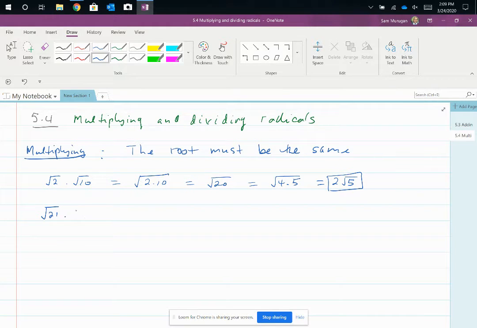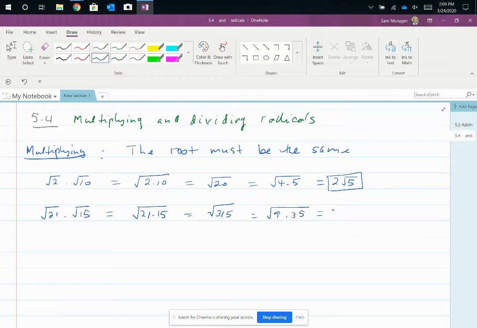Next, square root of 21 times square root of 15, which is the square root of 21 times 15, which is the square root of 315. 315 is 9 times 35.